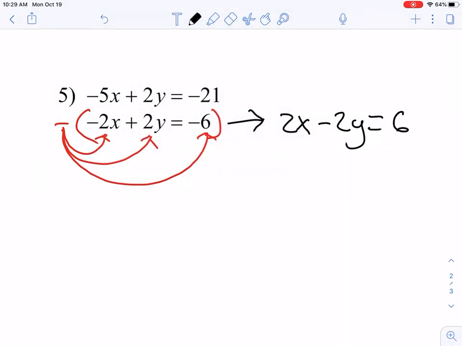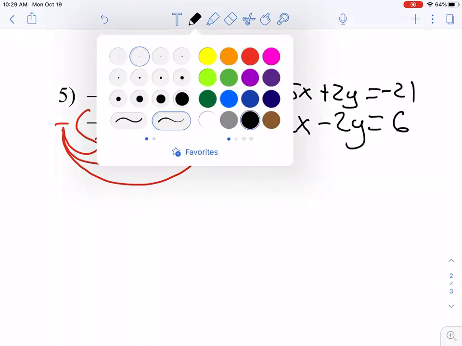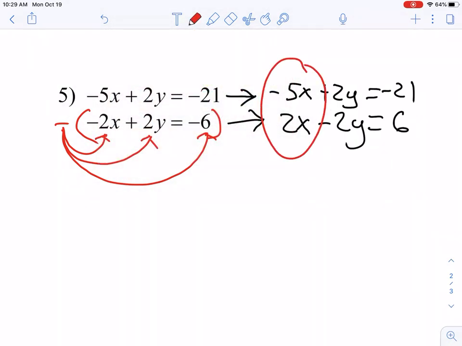I'm going to rewrite my top equation. That one does not need to change. So I have negative 5x plus 2y equals negative 21. And now I've created an equation like we had up top. I'm going to put these two together to get negative 3x. I'm going to put these two together.